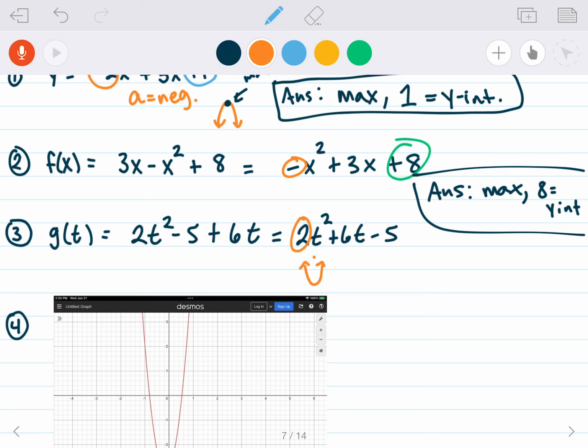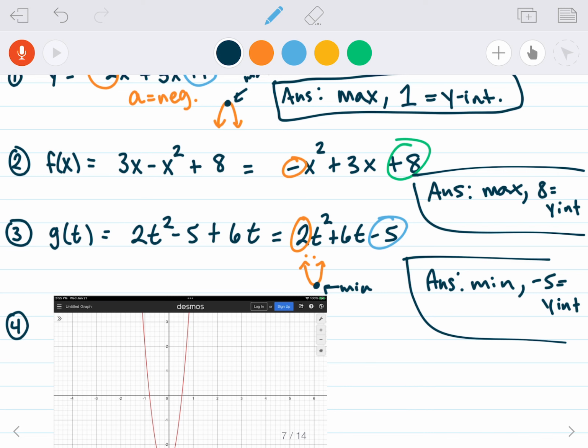So it's going to be a smiley face, which means it has a minimum. Okay, so my answer, we have a minimum, and the y-intercept is this constant term, which is negative 5 in our case.